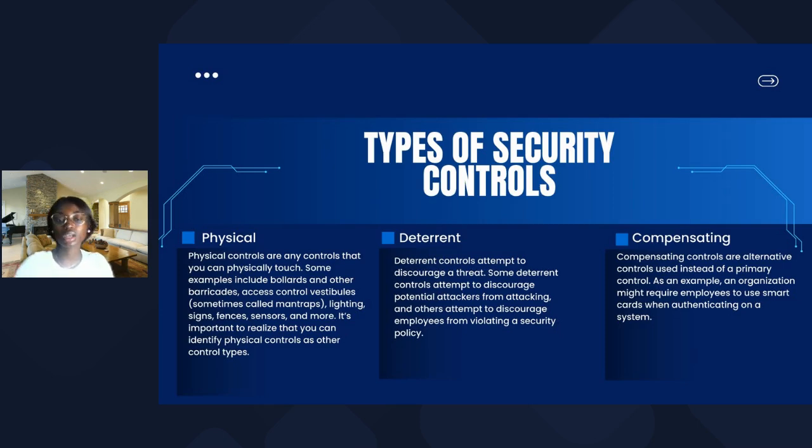You have this physical control also serving as security controls, right? Other examples might be lighting, fans, sensors, right? Might be cameras that you've put in place so that we know individuals who are trying to access our workplace and people who are not supposed to be there, right?